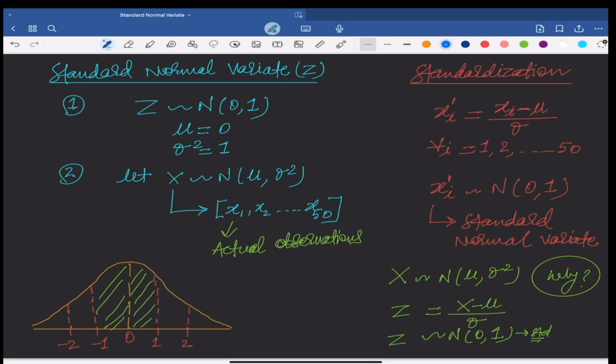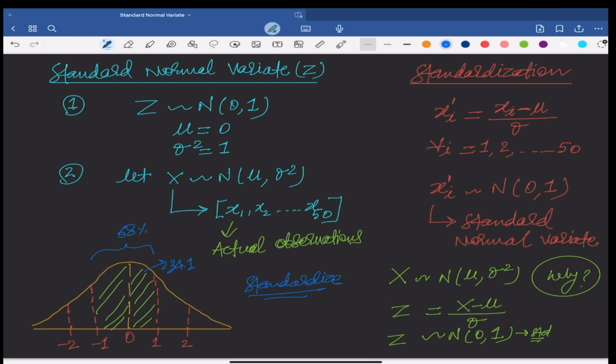Given any random variable x with any mean and sigma square, the moment I standardize my data, I know that between 0 and 1, or between 0 and minus 1, 34.1% of my data lies. And between minus 1 and plus 1, 68% of my data lies.